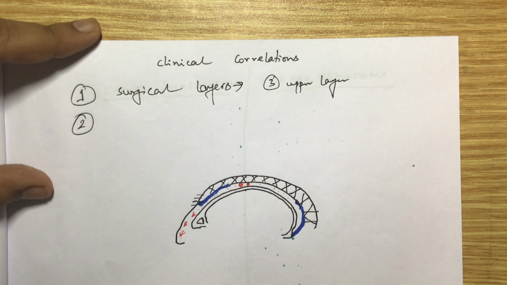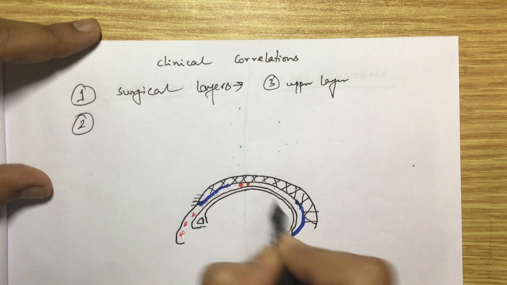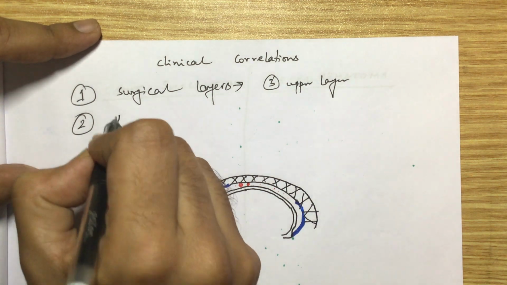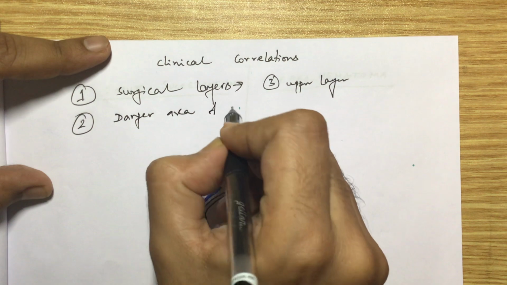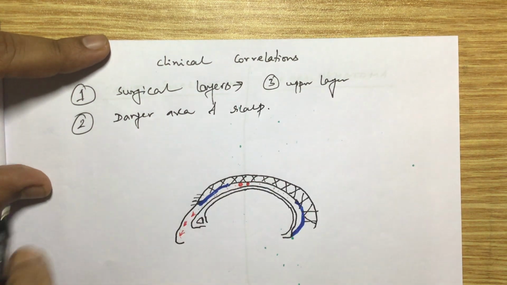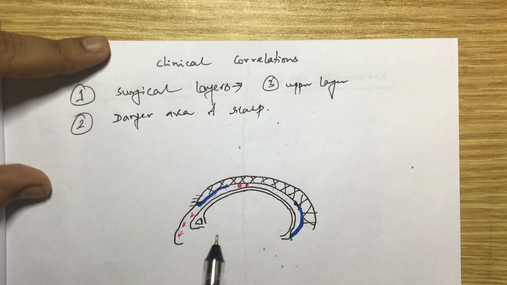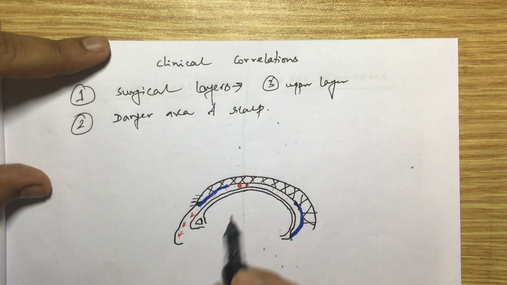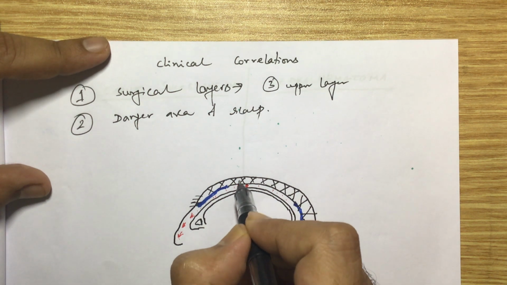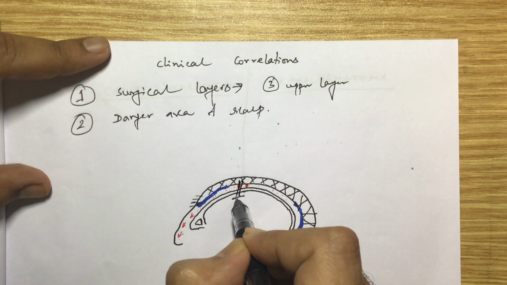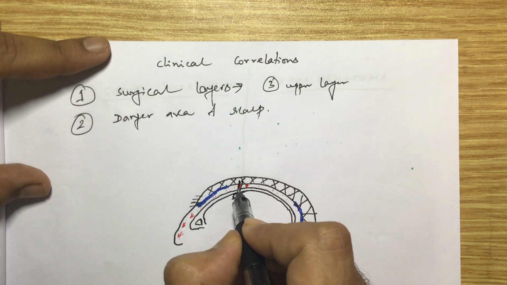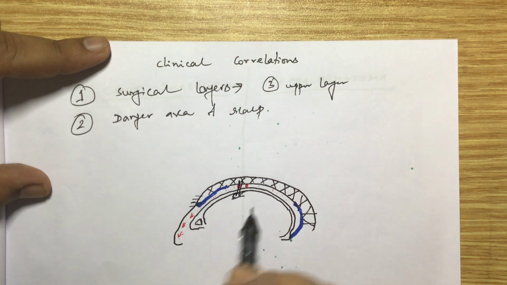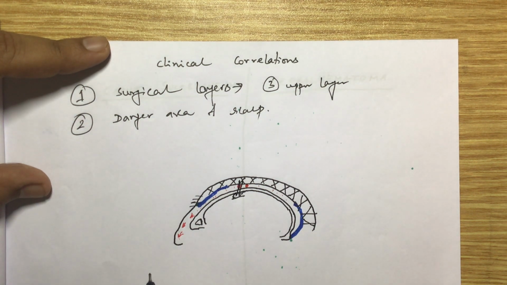Second, regarding the fourth layer, the danger area of the scalp, already described: through the emissary vein, the infection can enter into the intracranial venous sinuses. That's why this fourth layer is known as the danger area of the scalp.